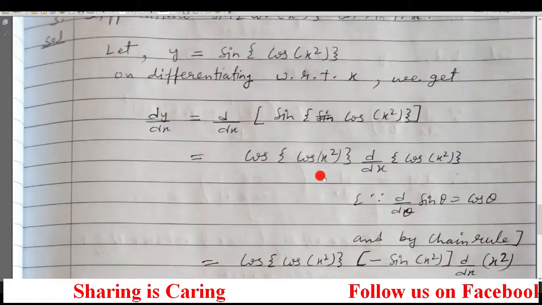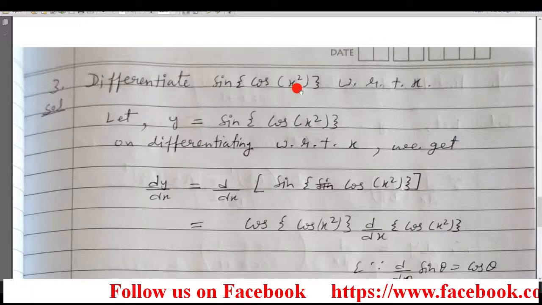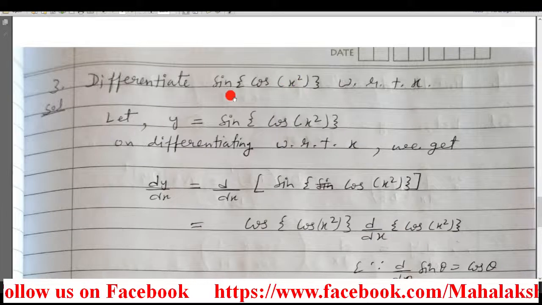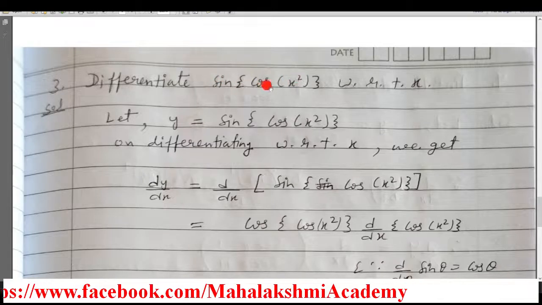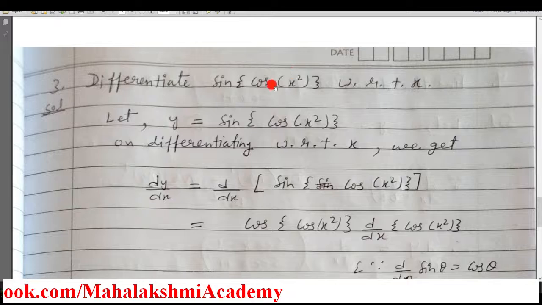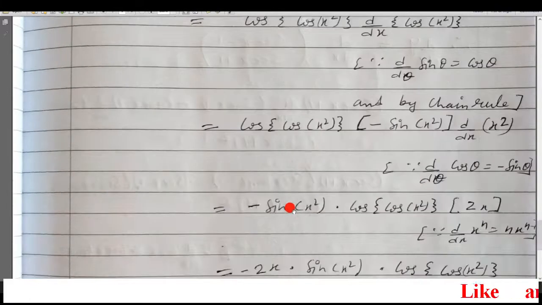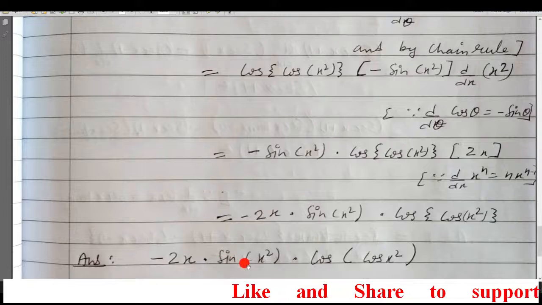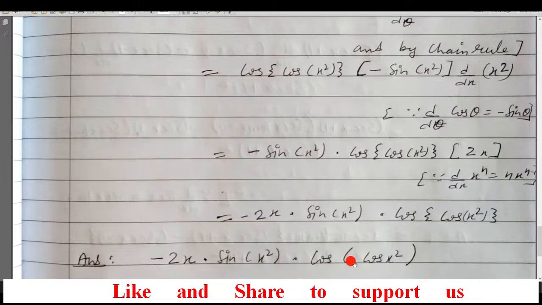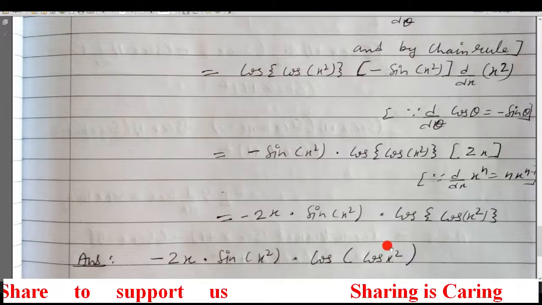So students, we solved until the differentiation reached x square. First you differentiate sin, assuming the complete as theta. Then differentiate cos, assuming the complete as theta. Then again differentiate this x square by the chain rule. So the answer of this question is minus 2x multiplied by sin x square multiplied by cos bracket cos x square. Thank you.